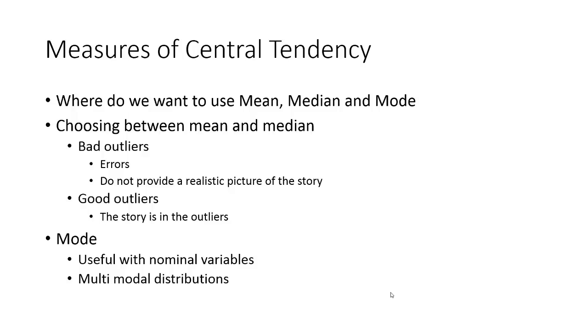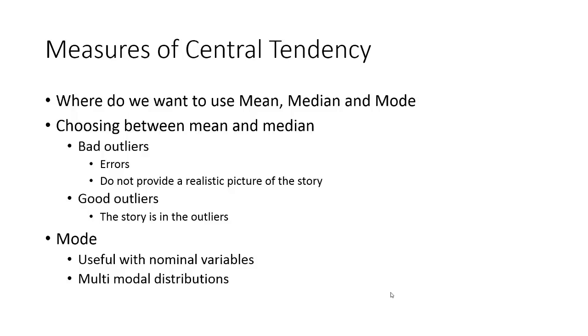So great. If we had to choose between mean and median, much of the debate usually comes down to outliers. The idea of outliers is that it's a number or a value that's not really within that set of most of the other numbers that you see. Now that can be because of quite a few reasons.